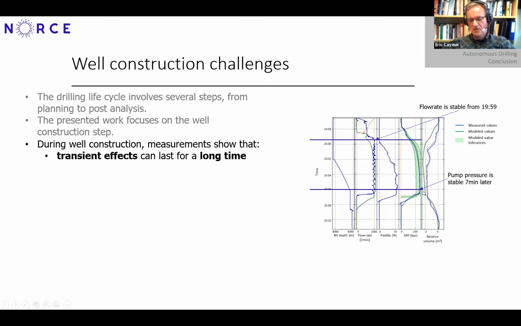And actually it almost coincides with the end of the reaming down operation. So you can say that within the whole reaming down part of this stand, there are no places at all where we have any steady state conditions. And this is quite common actually, that we have such strong transient effects that steady state conditions don't exist.